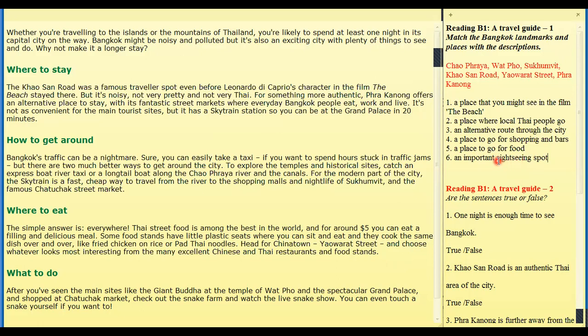Yes, important sightseeing spot is the keyword, and the answer for question 6 is waterfall. Waterfall is the answer. Why waterfall is the answer? Read this sentence.